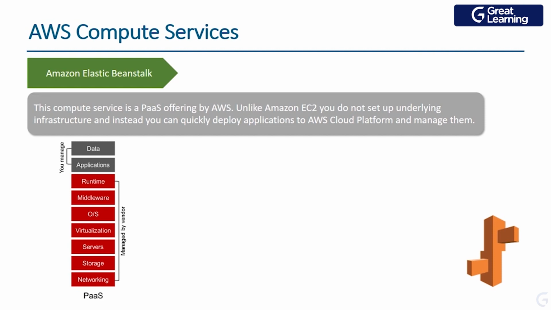Instead of launching a virtual machine and setting it up, configuring it totally, what I can do with Elastic Beanstalk is fire up one of the environments that Elastic Beanstalk has to offer to me. Here the environment is ready-made for me. All I have to do is put my code and my application will start working for me.